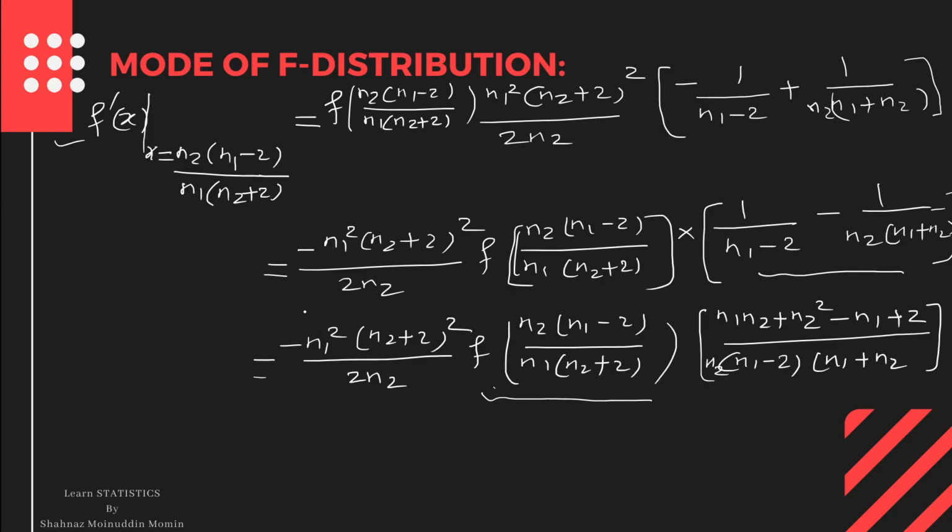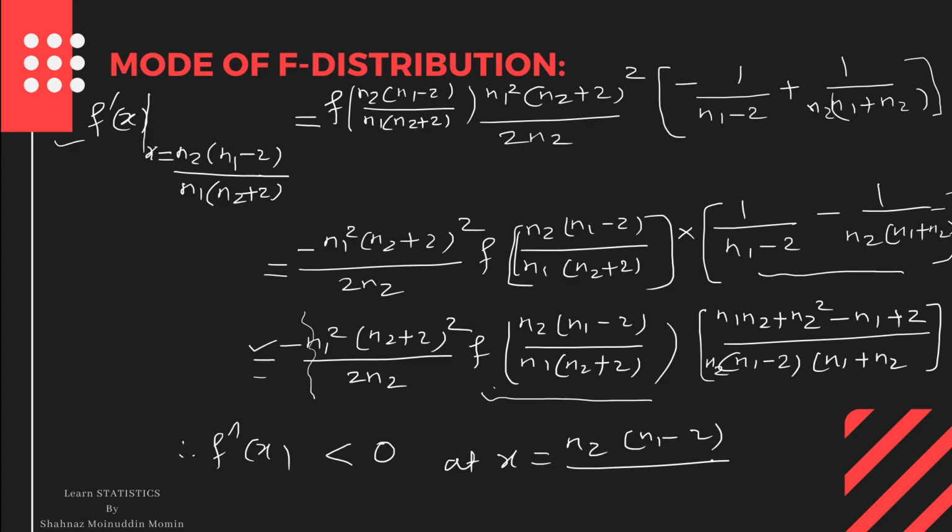So the overall effect of this term is negative due to this minus sign. Hence our f double dash x is less than 0 at x equal to n2 (n1 minus 2) divided by n1 into (n2 plus 2).